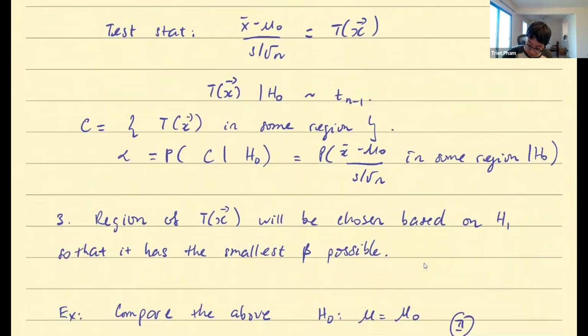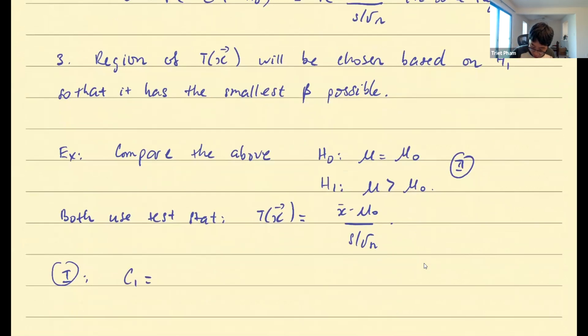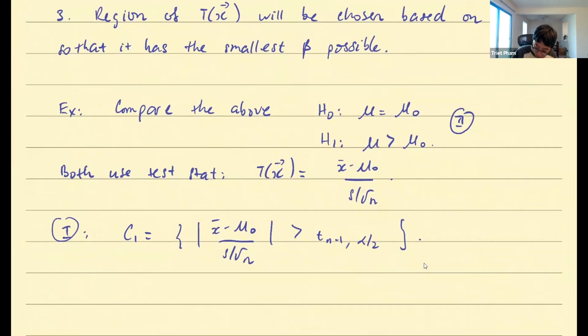But that doesn't mean that they have the same rejection region. I claim that for test type 1, the rejection region would be, and you've seen this before, the absolute value of x bar minus mu naught divided by s over root n bigger than t n minus 1, alpha over 2. For test 2, the rejection region would be x bar minus mu naught divided by s over root n bigger than t n minus 1, alpha.